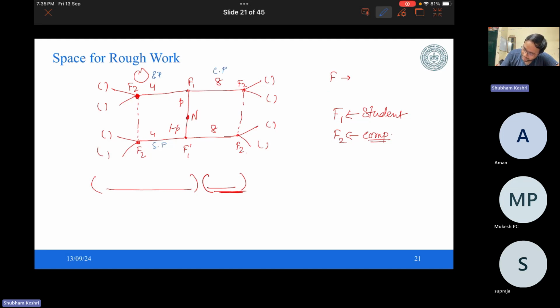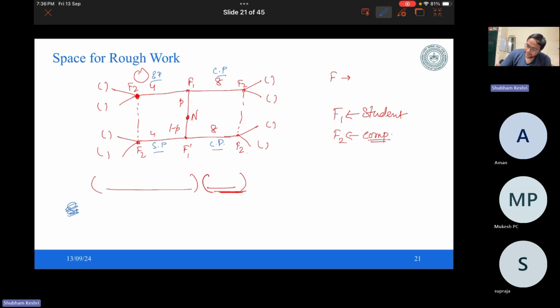The concept I am talking about is known as signaling. We will see what signaling and screening is.